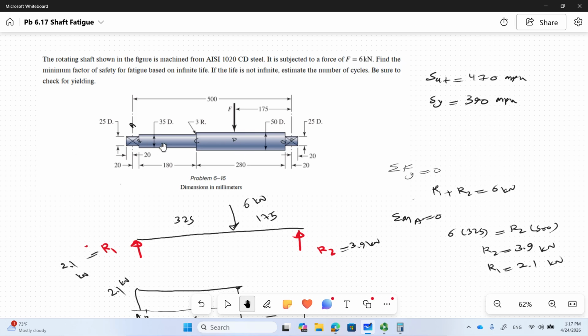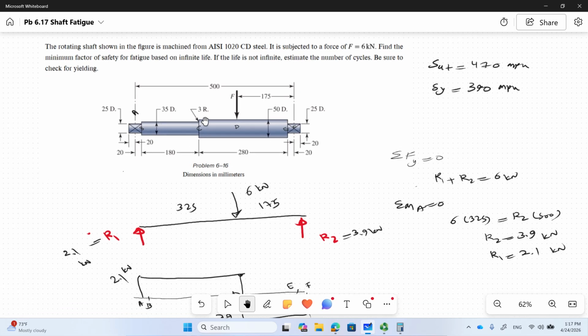The other thing is there is a stress concentration there, and that's going to make things a lot worse compared to point D. So if failure happens, it's going to happen at point C.